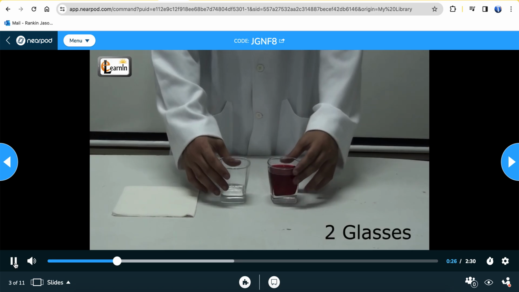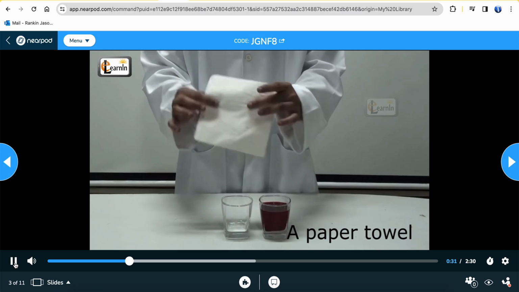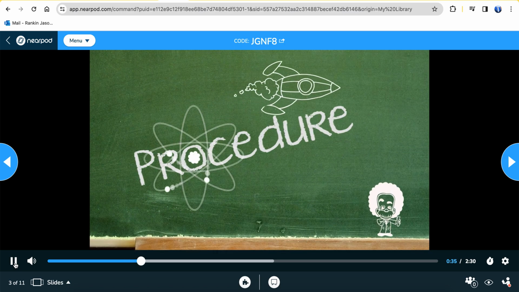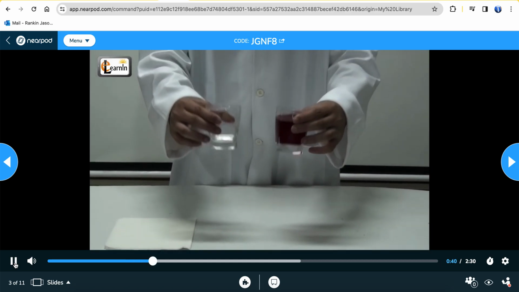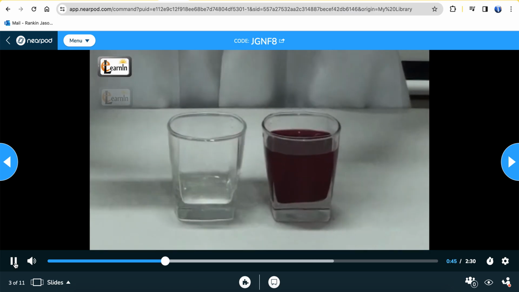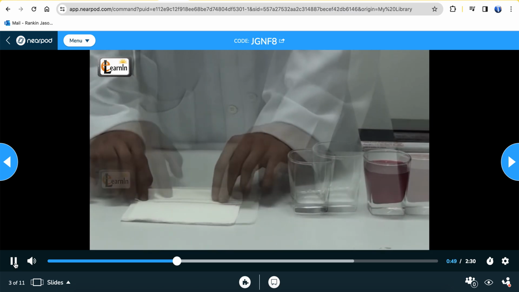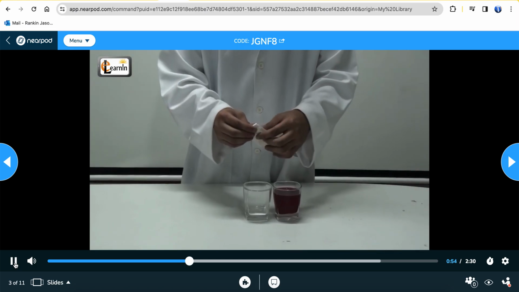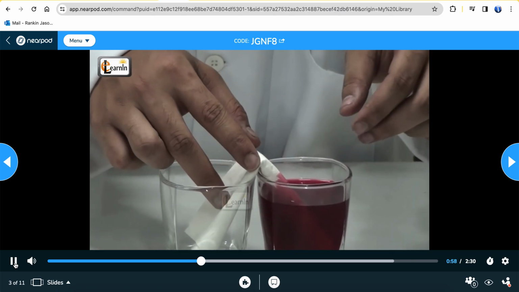For this experiment, you need 2 glasses, colored water, and a paper towel or a tissue paper. First, take 2 glasses. Put them side by side. Now, fill one of the glasses with the colored water. Now, grab the paper towel. Pinfold it or fold it in the middle. Dip one of the ends of paper into the colored water and put the other end into the empty glass beside it.